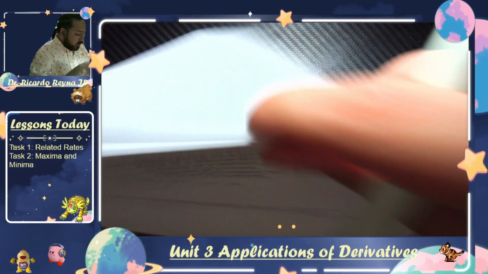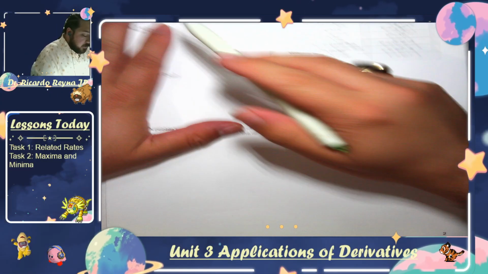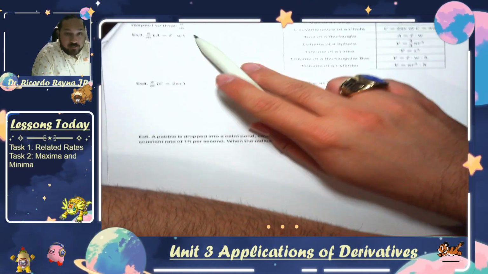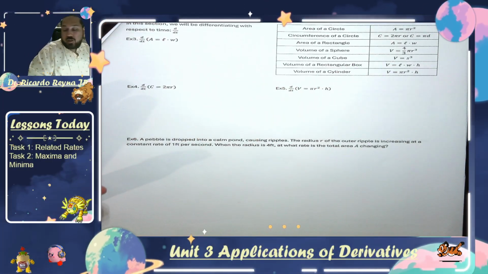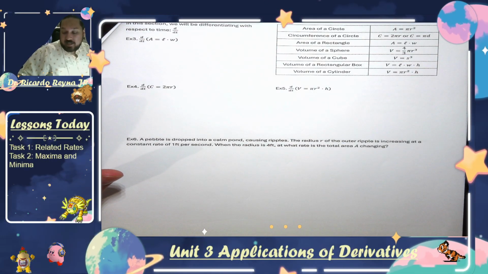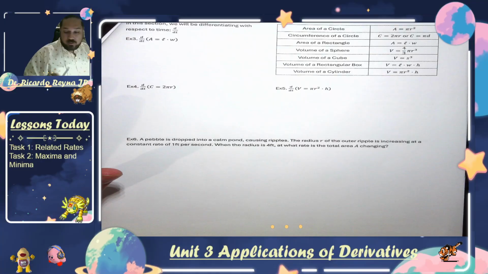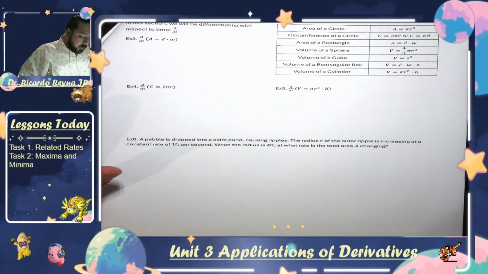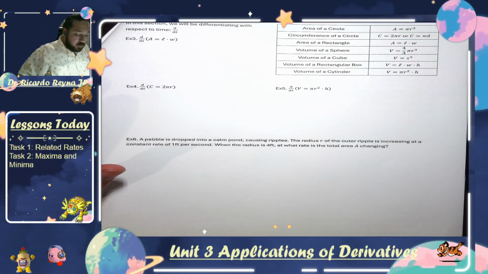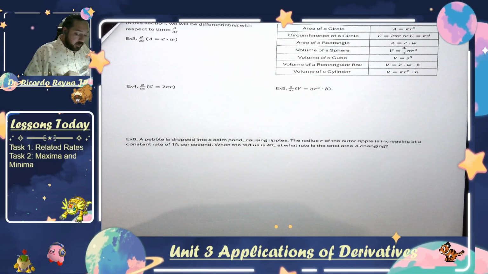So in this section, we're going to go ahead and change notation slightly. Instead of having x as our input, we'll have t as our input. Given that t is our input, we'll be differentiating with respect to t instead of with respect to x. Now, what's going to happen here is that we're going to be using common formulas.